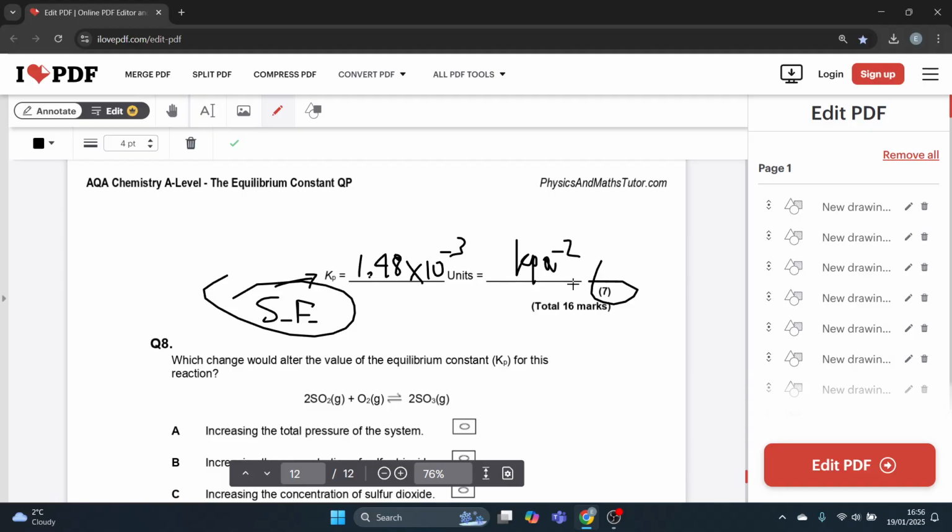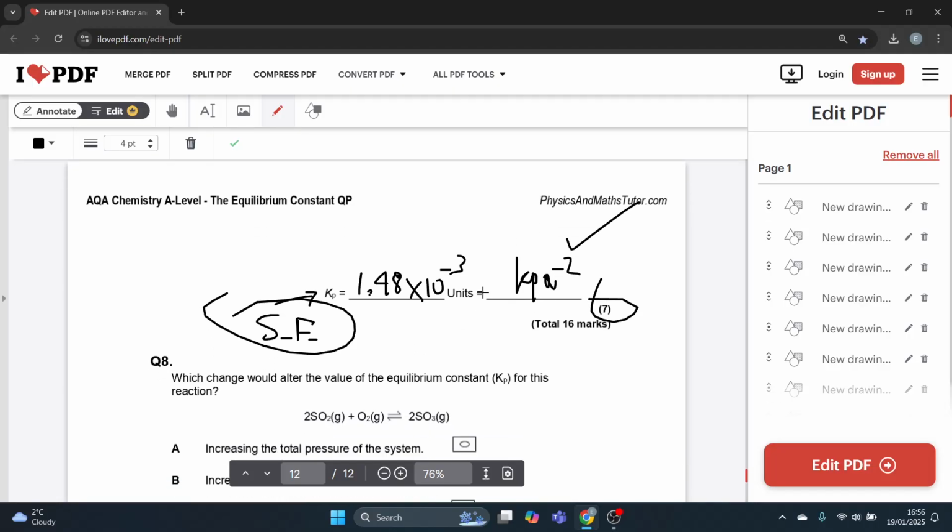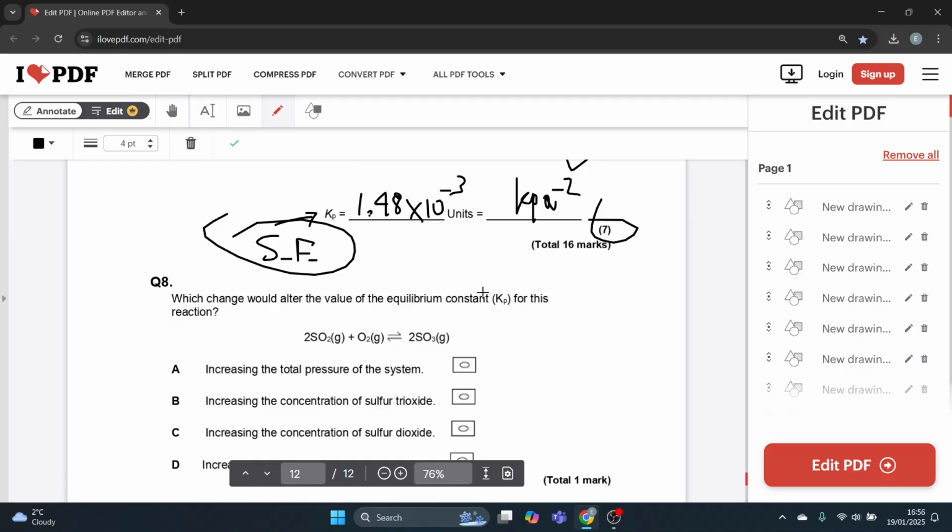Hopefully, inshallah, I'm correct. And if I'm not correct, it's whatever Allah wills. And I get, am I correct? I've got the correct units, so that's good. And Kp, yeah, it does want you to show it right on the exam paper. 1.483 times by 10 to the power minus 3, yes. Answer must be to 2 significant figures.